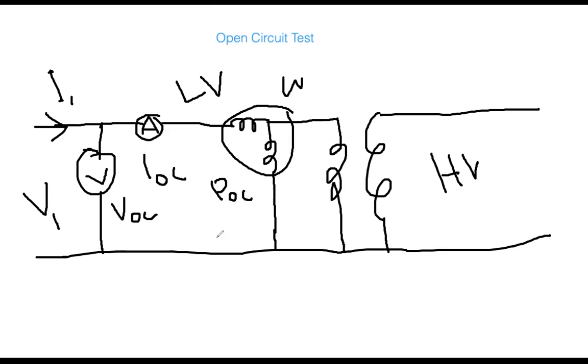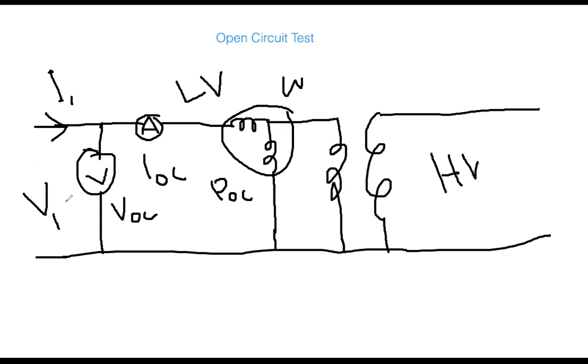Okay, in this test, you see, now because this is open circuit test and you have kept the high voltage side open, you are not at that much risk. This time on the primary, you can apply the rated voltage, no problem, because secondary is open circuited, so this current will not go high easily. But still you will be looking at this ammeter, but typically it is not a problem.